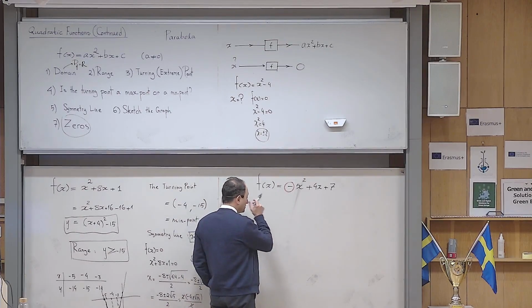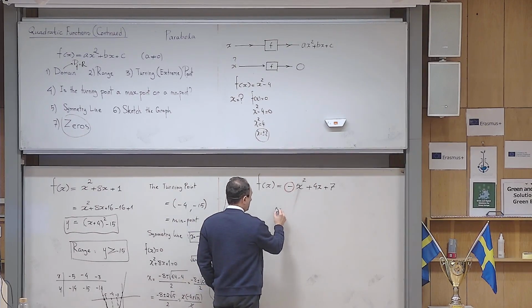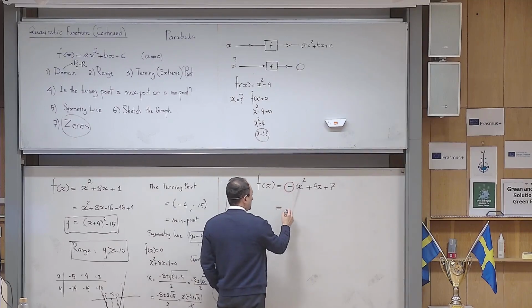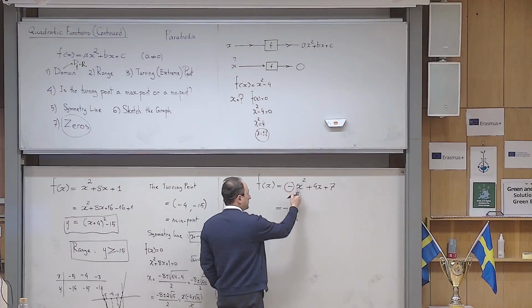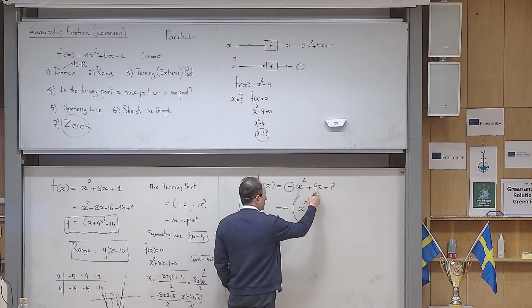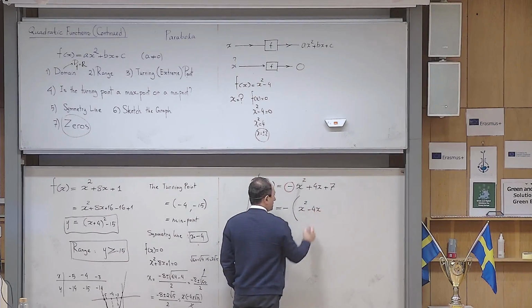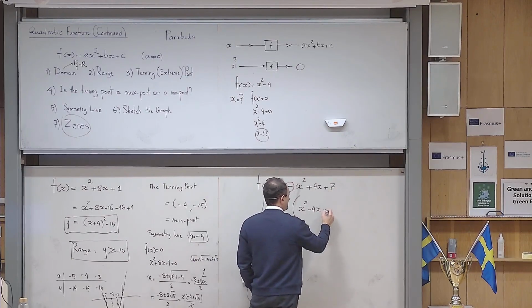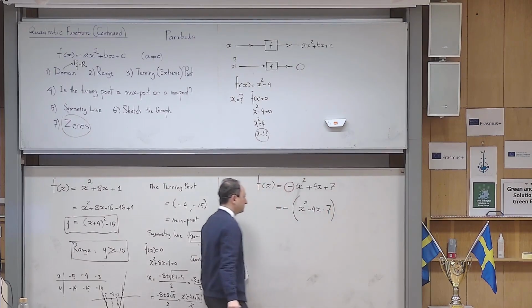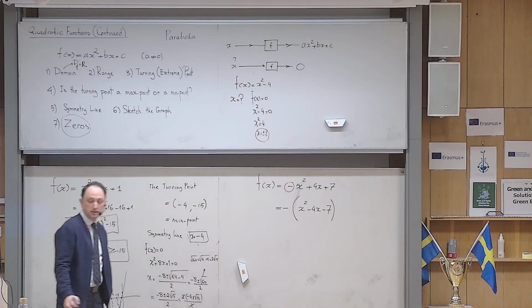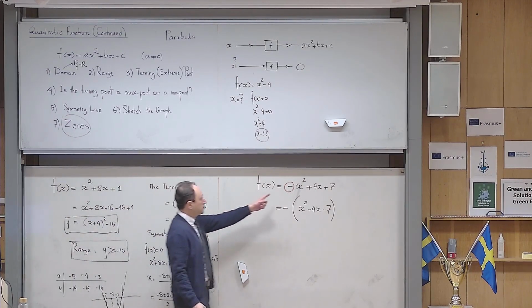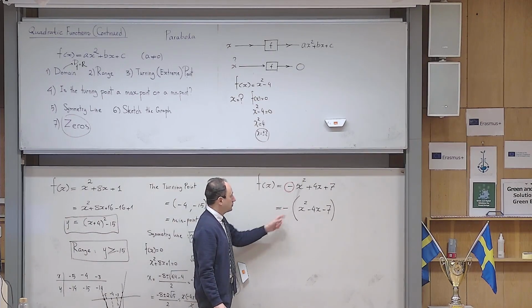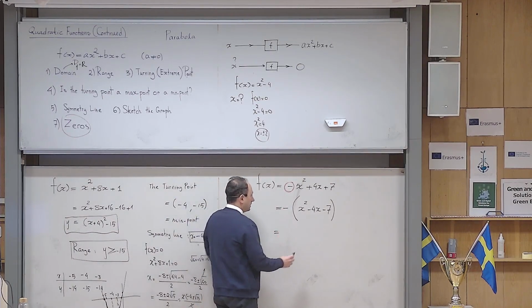So what you do, you pull the minus sign out. Let us see what happens. This becomes positive. This becomes negative. Okay, and this also becomes negative. So if this is minus, you pull the minus sign out and do the same thing.